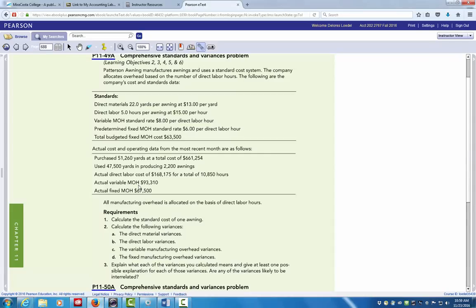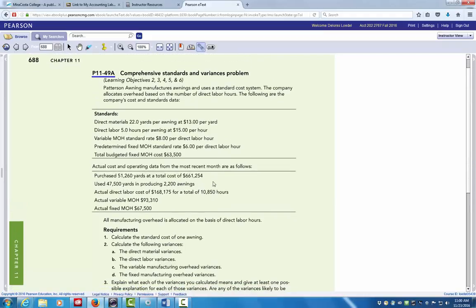Okay, so your actual variable manufacturing overhead rate, 93,310, divided by the actual hours, because remember, it tells you up here in the problem that the company allocates overhead based on the number of direct labor hours. So our total overhead right here is based on the number of direct labor hours.